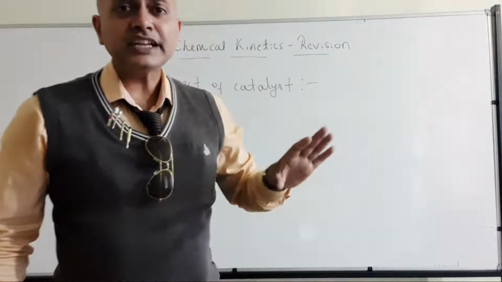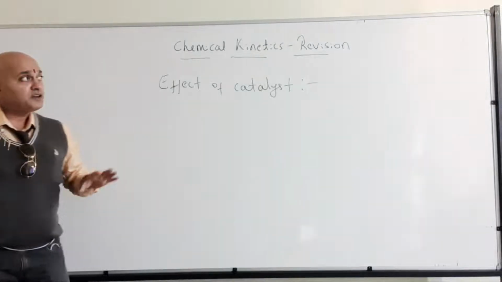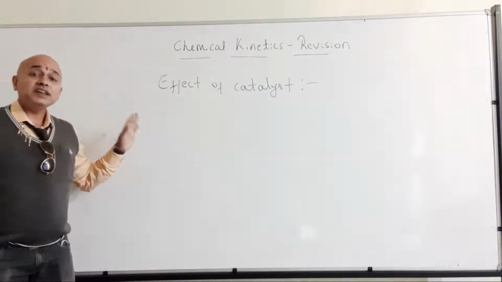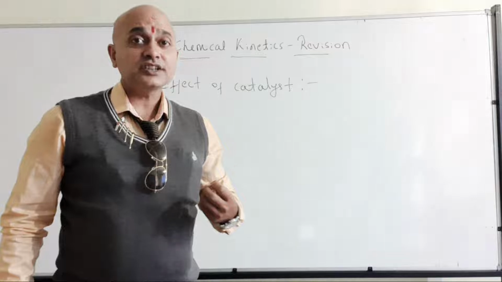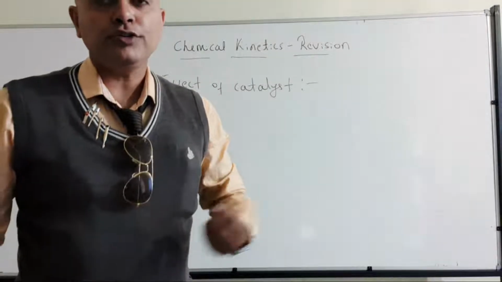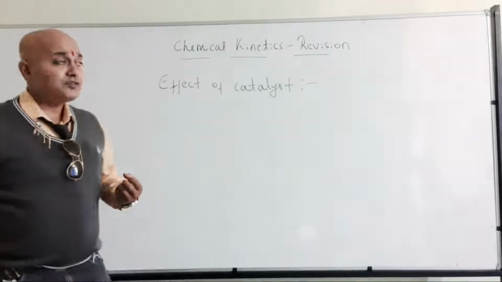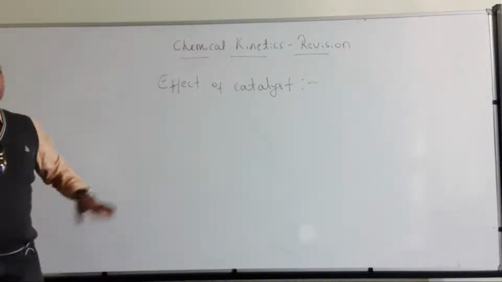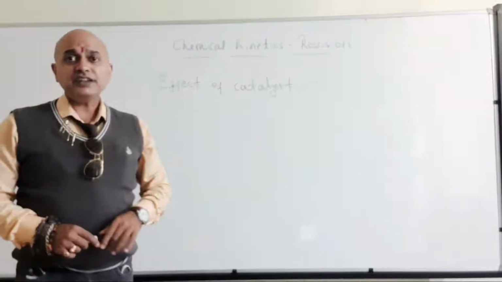In any reaction you have studied in first year and second year, whenever a catalyst is there, what is the intention of using it? To get the product in a short duration. So naturally catalysts increase the rate of the reaction. Then why do we have to study the effect of the catalyst? That will be the question.